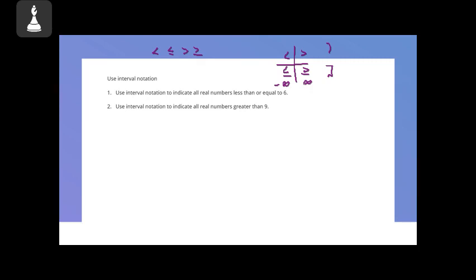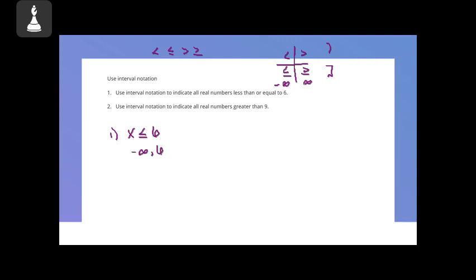Let's take a look quick. Use interval notation to indicate all real numbers less than or equal to 6. The way I would write this in inequality form is all real numbers, so any number x less than or equal to 6. Less than or equal to means I'm going to go from negative infinity up to 6.